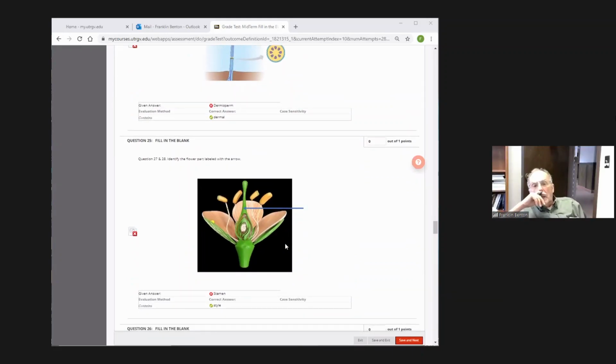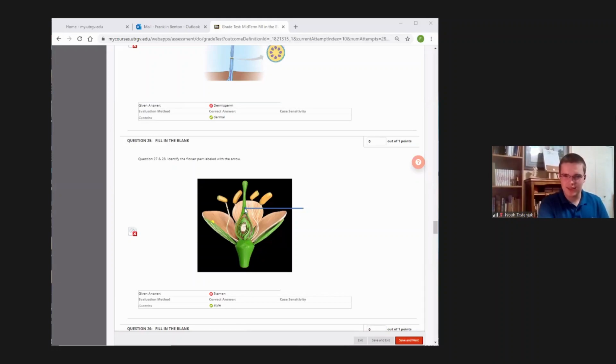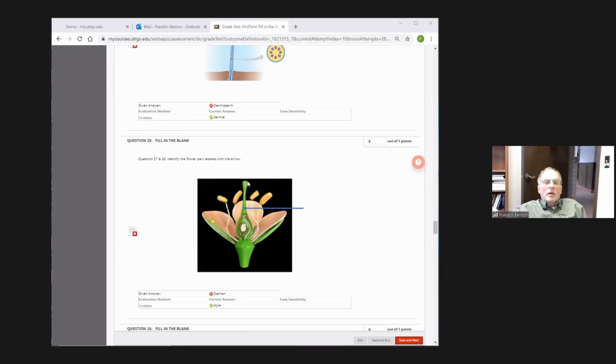Now, I think there's about 5-6 questions for this particular one. Identify the flower part. This one here is pointing to what? The style. Okay, the whole thing here, the female reproductive structure, is called the pistil. The pistil is made up of 3 parts: the stigma here at the surface, the style coming down, and the ovary.